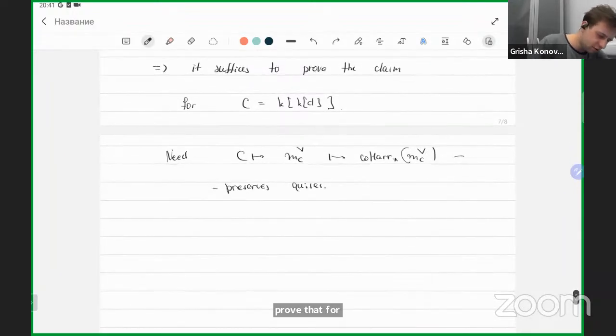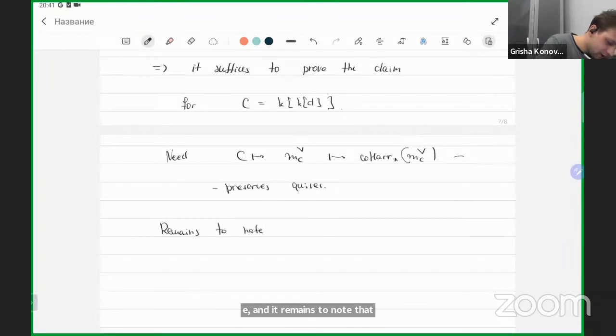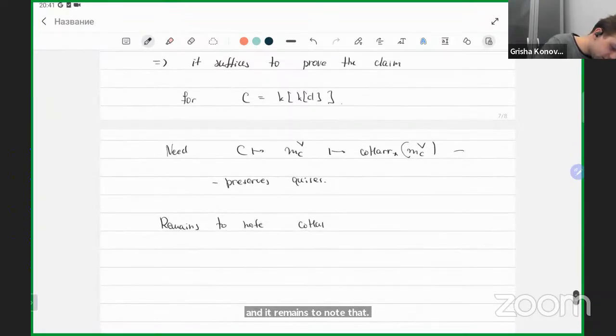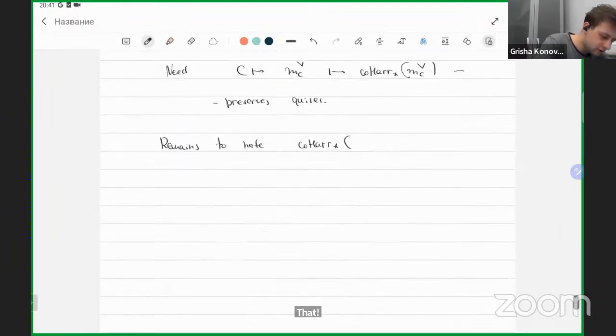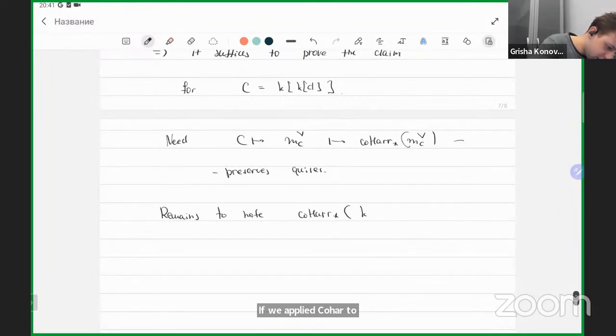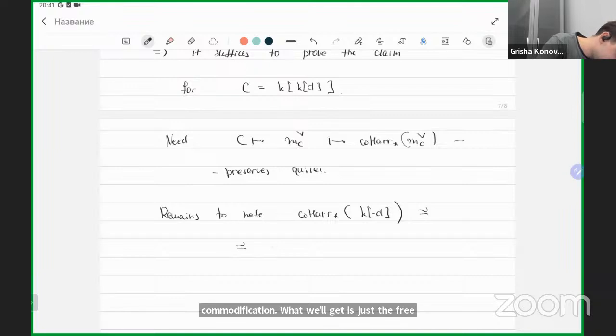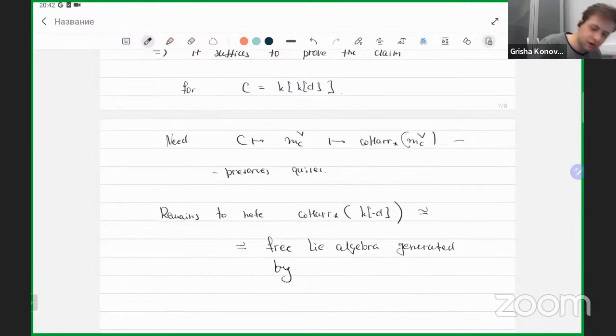And it remains to note that if we apply Cohar to K shifted by minus t, equipped with the trivial co-multiplication, what we will get is just the free Lie algebra generated by, I guess, K shifted by minus t minus 1.